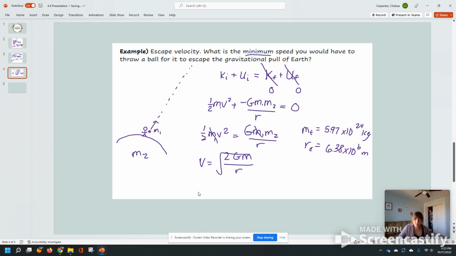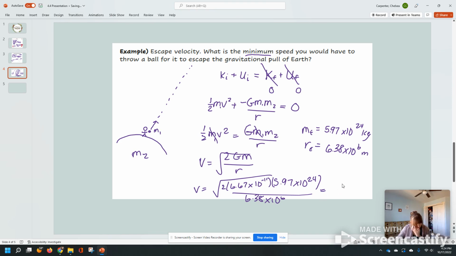If we plug in what we know, so 2, we know G is 6.67 times 10 to the negative 11, mass of Earth, all over the radius of Earth, still under the square root. Just getting a little messy, sorry.